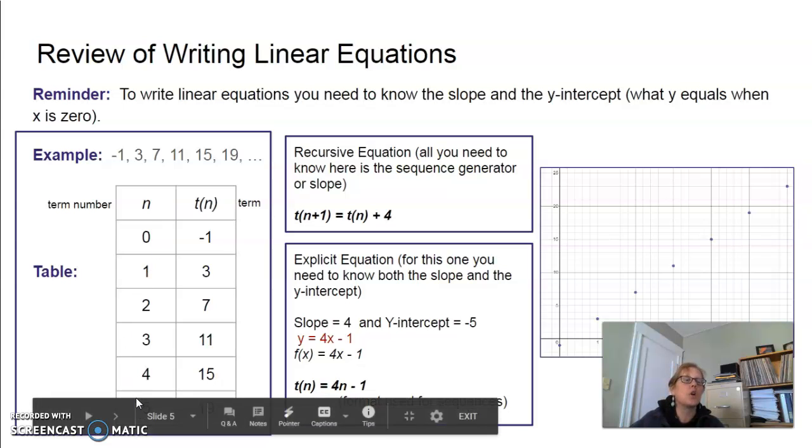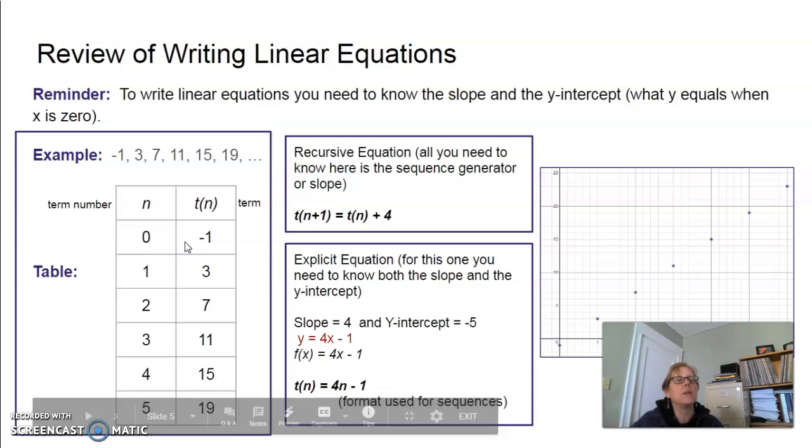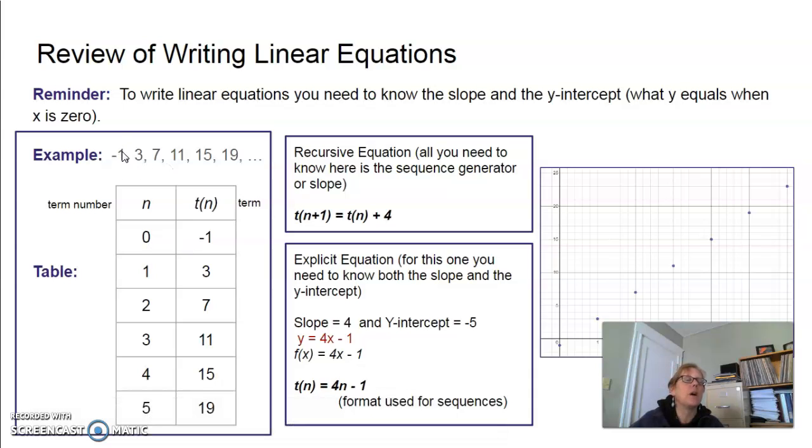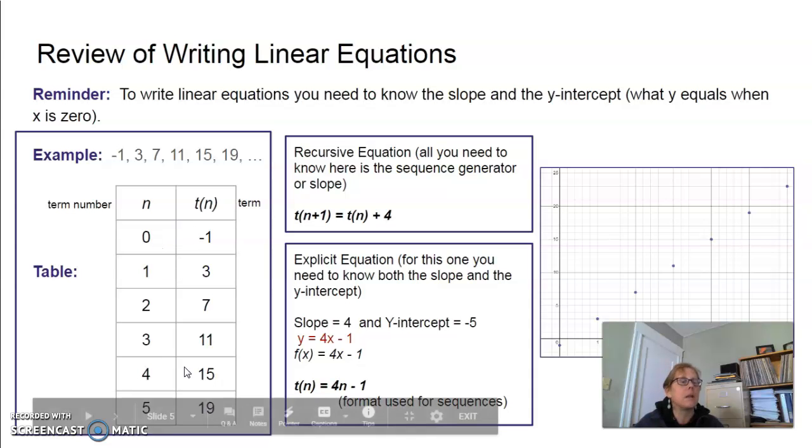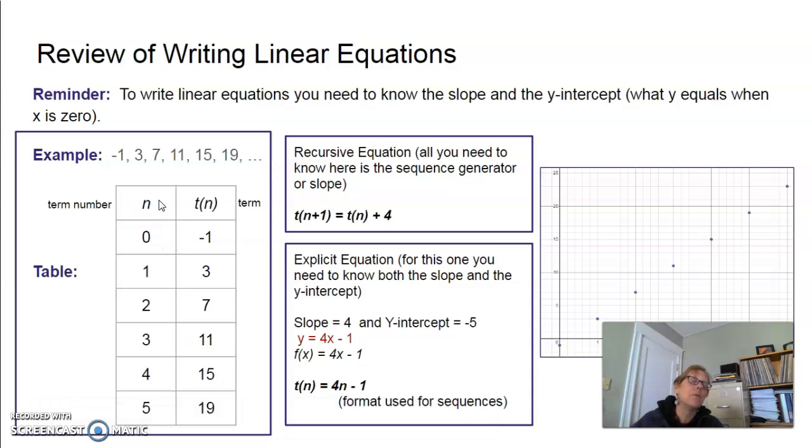This is the term number. So term number 0 is -1. In this one, I'm defining the first term as term 0. Sometimes I'll be defining the first term as term 1, but in this case, it's here. You can see it's the same table we just had. Really, this would be the x and this would be the y.